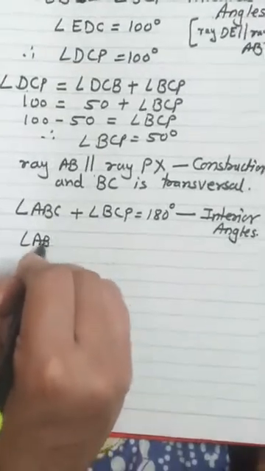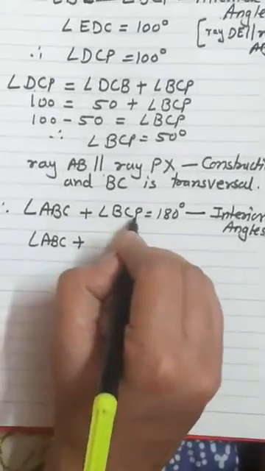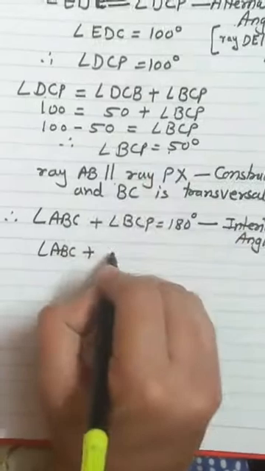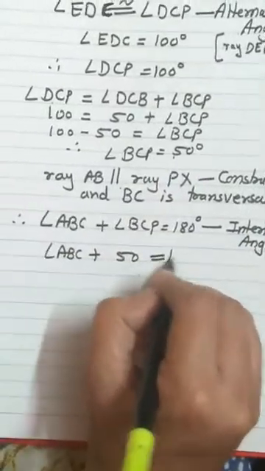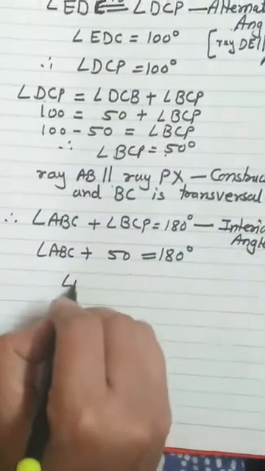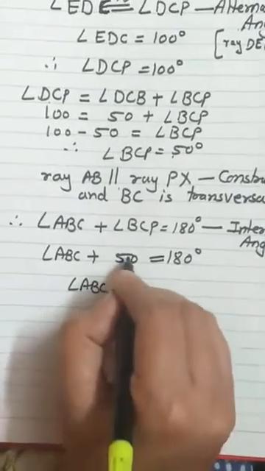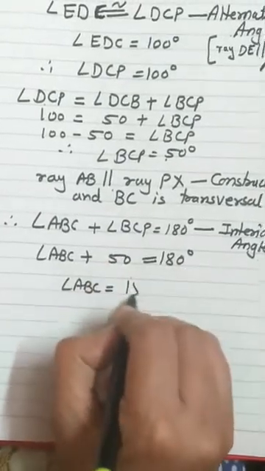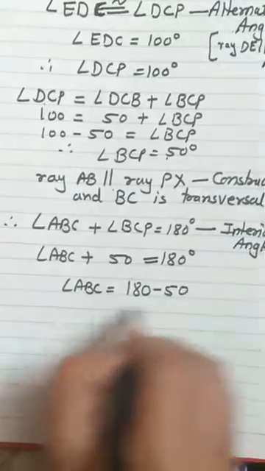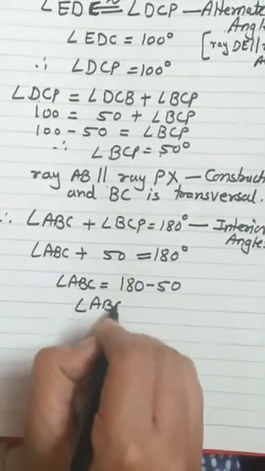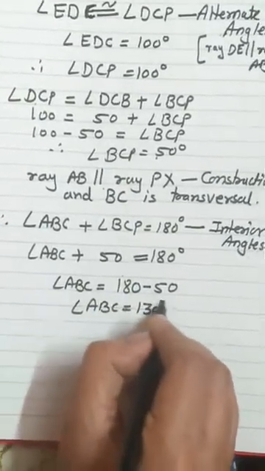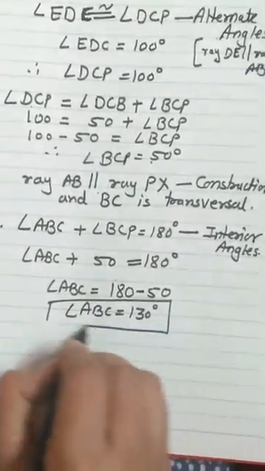Okay children. So ABC is not given, write down as it is. BCP is 50 degree. See here. 50 is equal to 180 degree. So angle ABC is equal to, shift 50 here, 180 minus 50. Therefore angle ABC is equal to 130 degree. Okay.